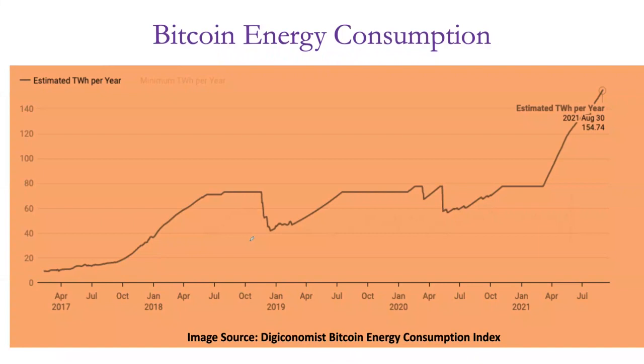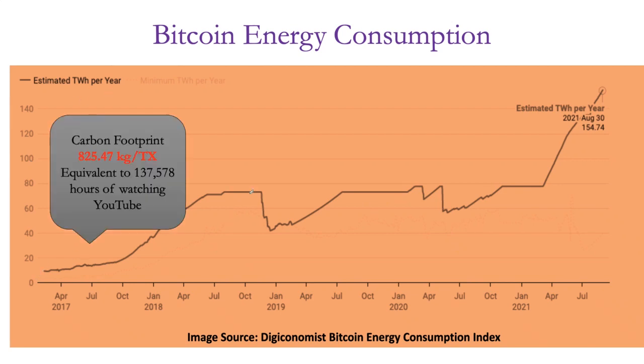Now, Bitcoin energy consumption as of 2021, taking a period of four to five years: the power consumption by the miners has gradually increased, and the estimated TWh per year is given. Gradually it increases, meaning more users are allowed.